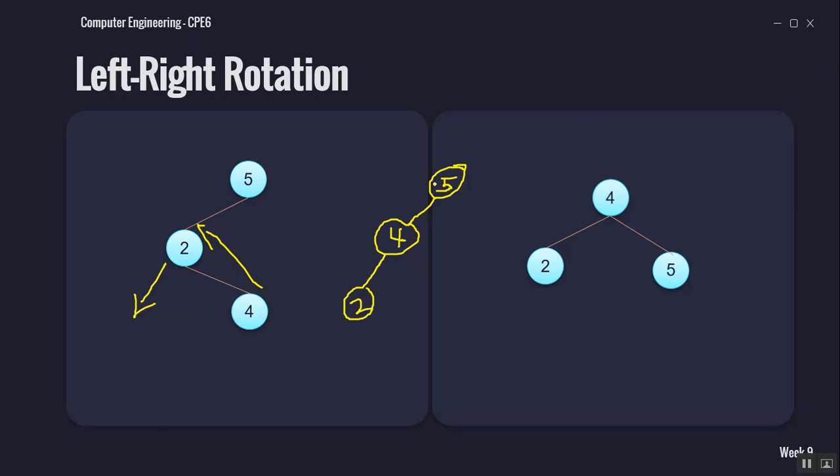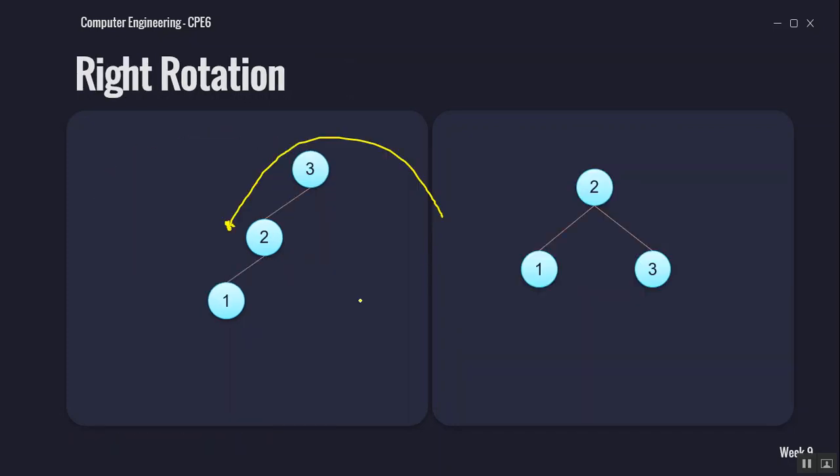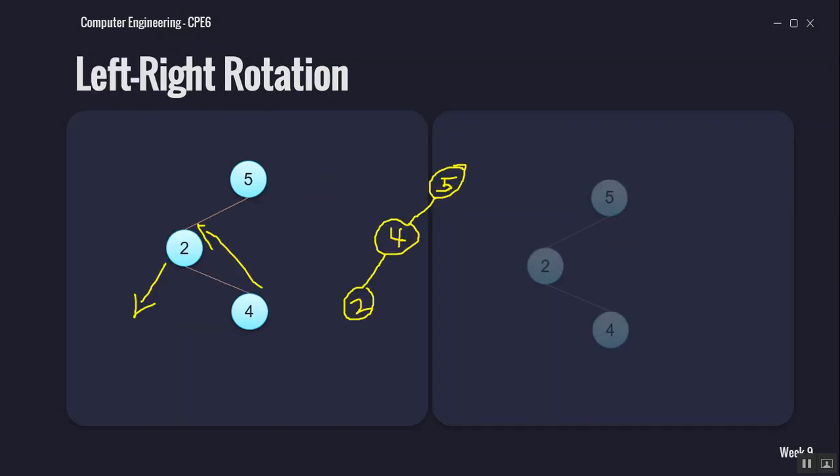And based on this formation, if you still remember the right rotation a while ago, if you have this form, you could make a right rotation from this set of nodes. Since we have this form, 5, 4, and 2, we just need to perform a right rotation. So that's why it becomes something like this.